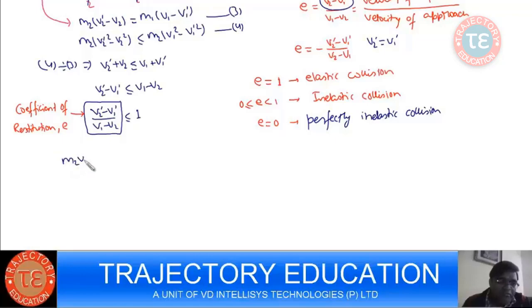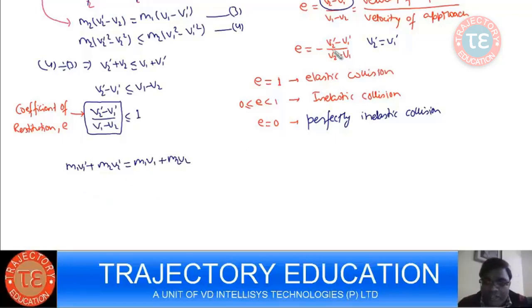One we are getting from conservation of linear momentum: m1 v1' + m2 v2' equals m1 v1 + m2 v2.